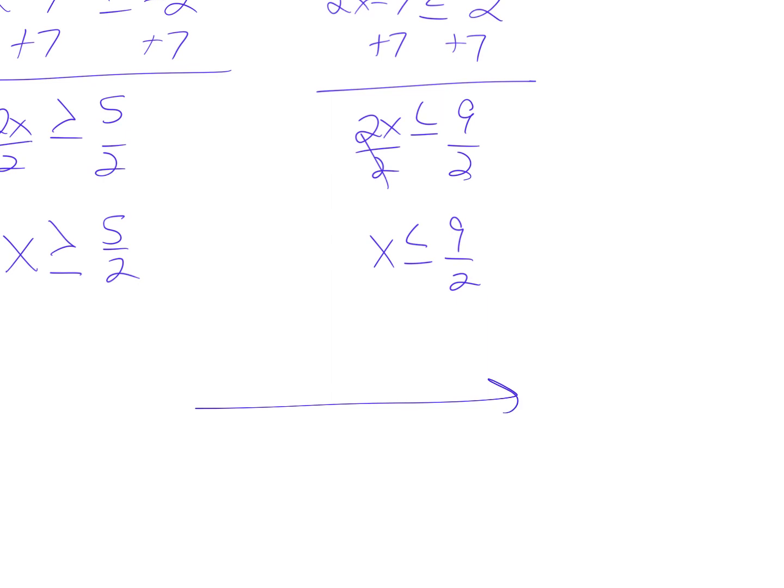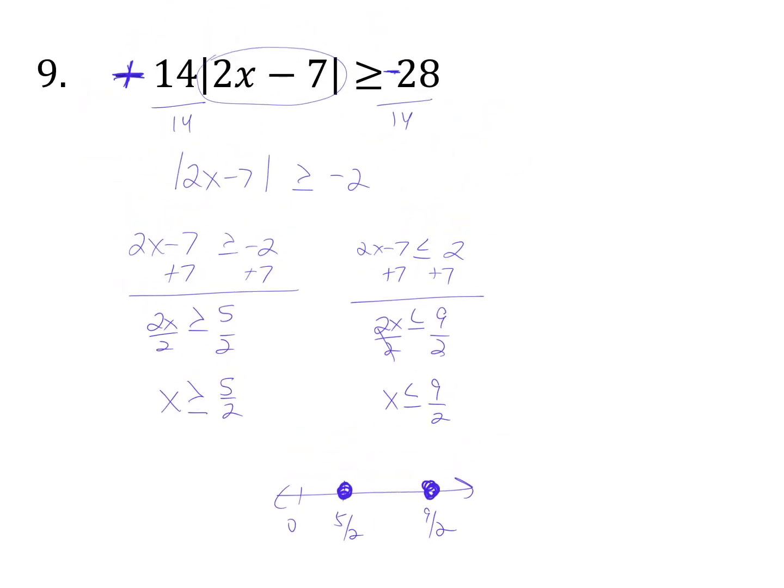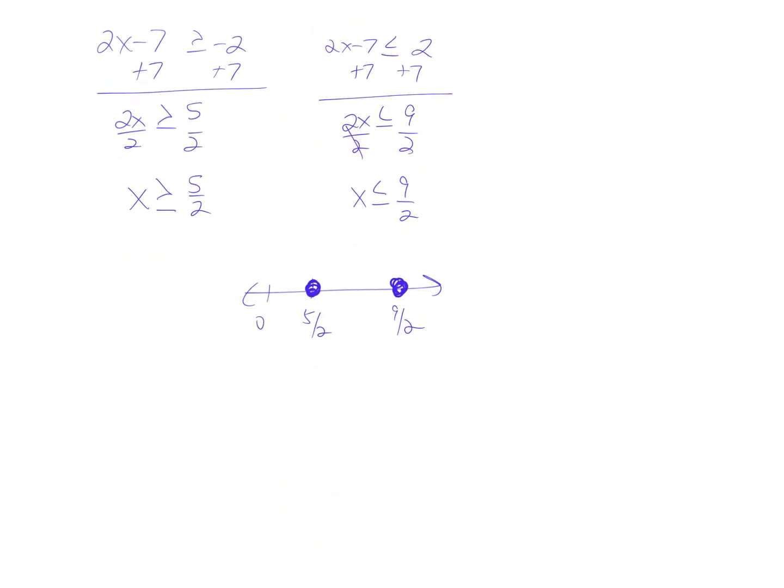So let's graph it. 0, 5 over 2, 9 over 2. What kind of dots do I have? Closed. And where did we originally say we were going to color? On the outsides, okay? So outside, outside. So let's check our inequality signs.